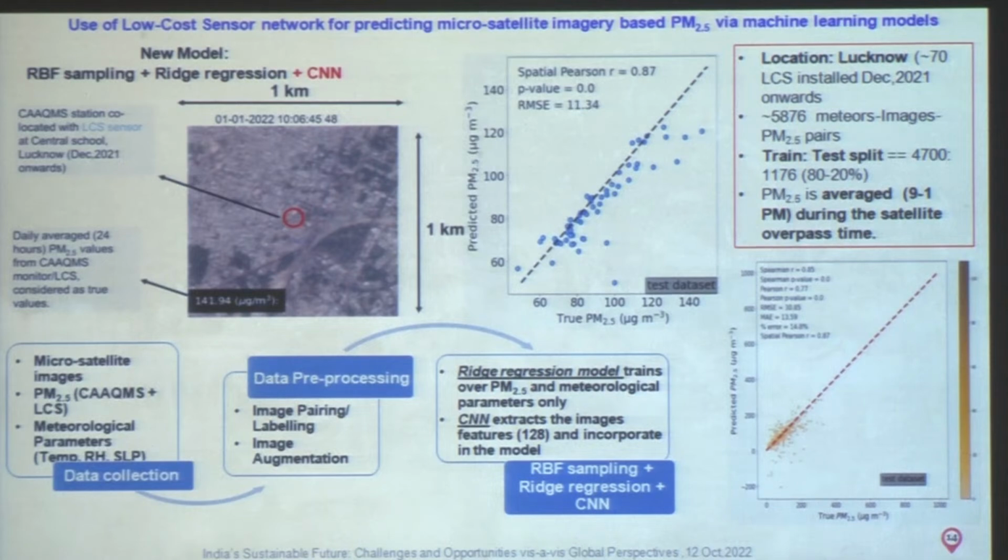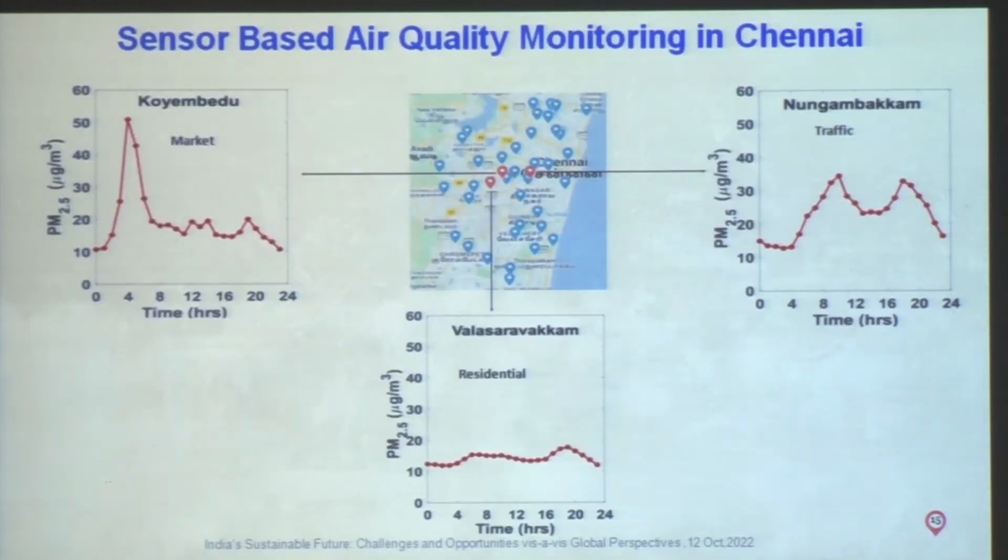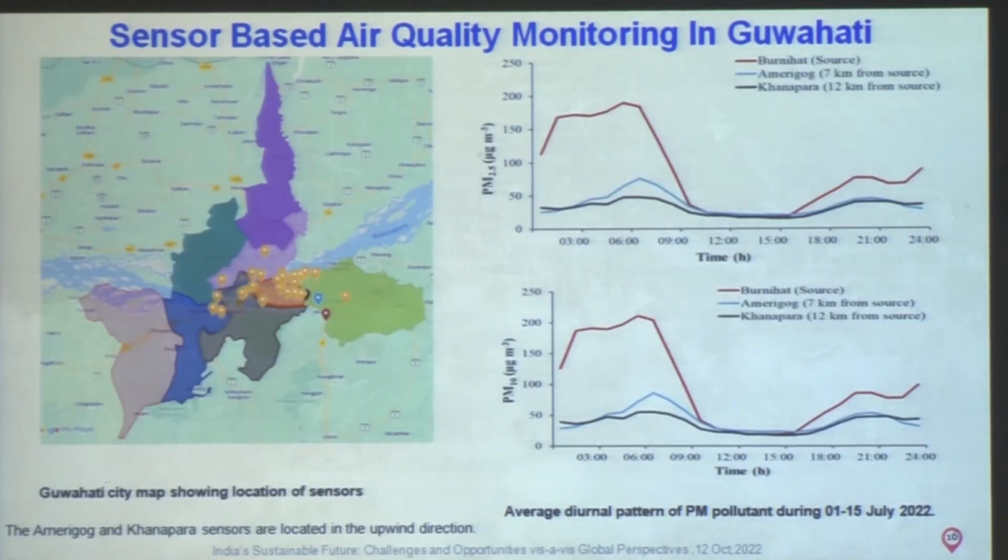We are making use of some artificial intelligence techniques, in collaboration with colleagues in computer science like Professor Piyush Rai's team, who are applying a couple of artificial intelligence models sequentially so that you can increase the footprint of monitoring further, beyond what you have seen by combining the government monitoring network and the sensors network. I don't want to go into the detail of that. This is just an example. Currently in Chennai, we are running a network of about 40 sensors, and there is another network running in Guwahati of another 40 sensors.